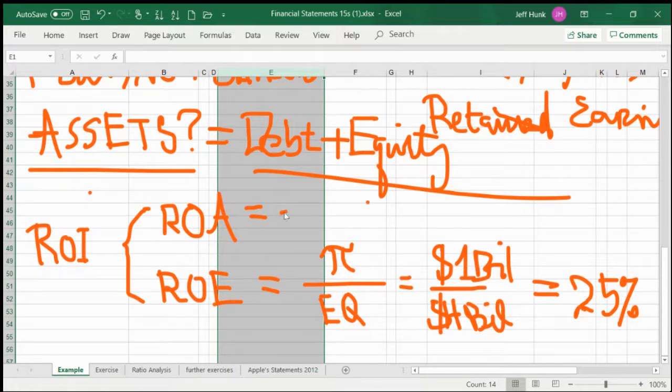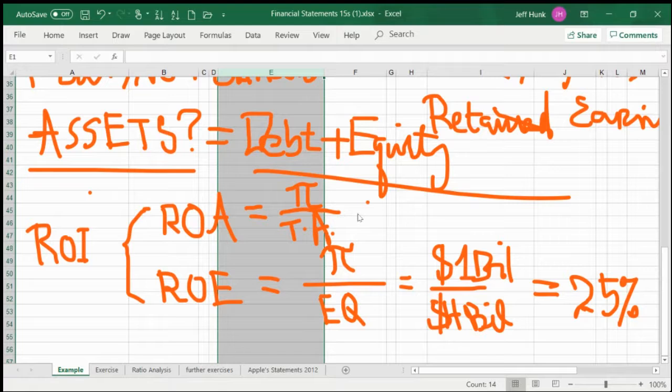Now, what is return on assets? It's also profit over, this time, total assets. Why? Total assets is also input. Think about it.